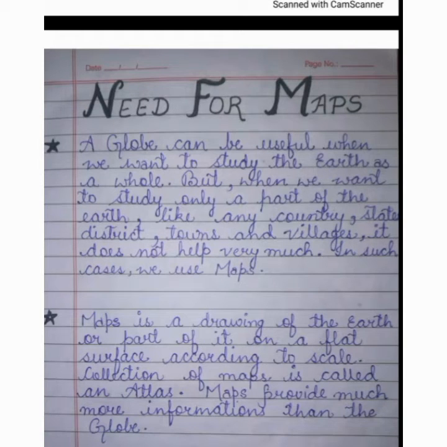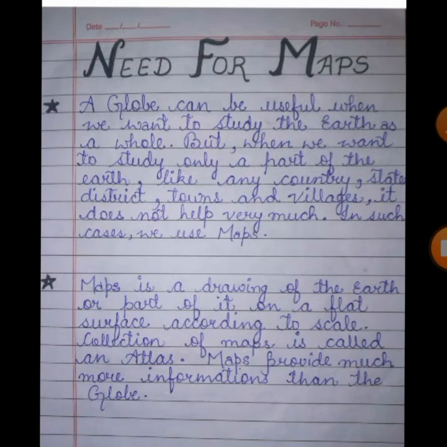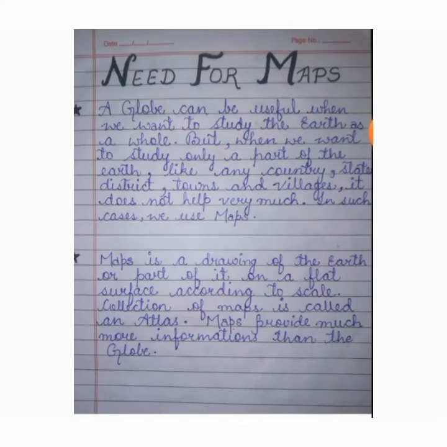Different types of maps like physical, political or thematical are used to show different types of information. Maps are easy to prepare and can be modified when physical or political situations change. So maps are useful to us for various purposes.